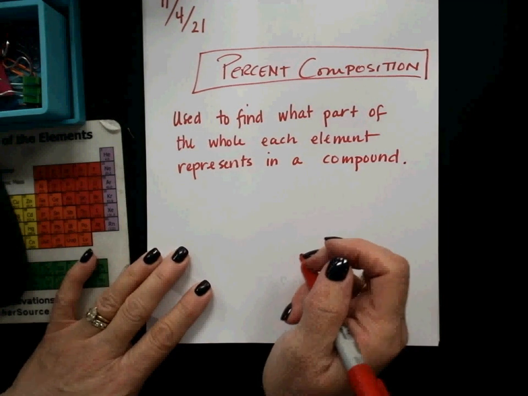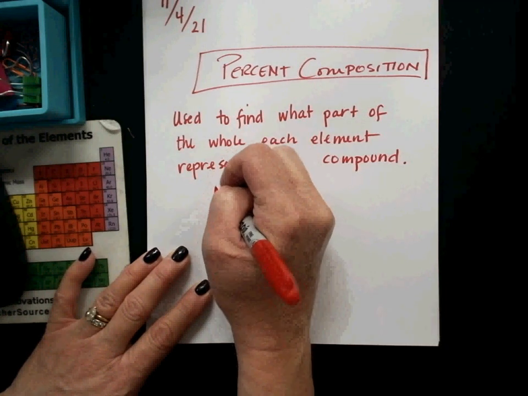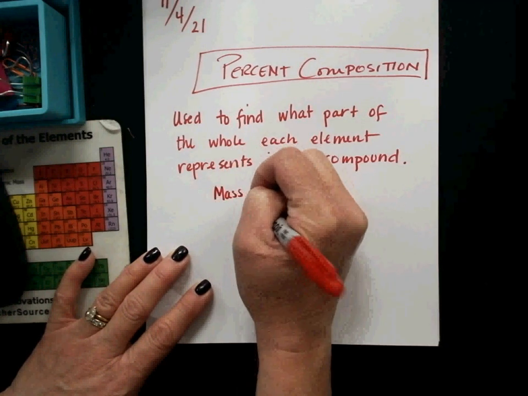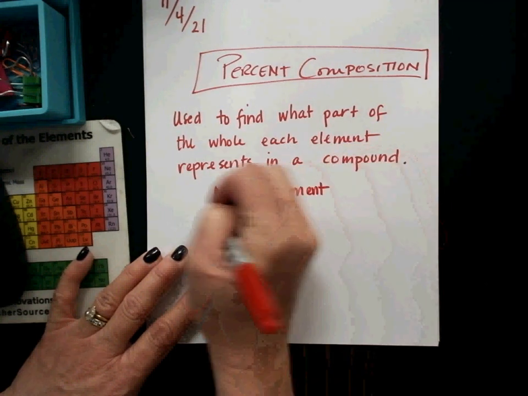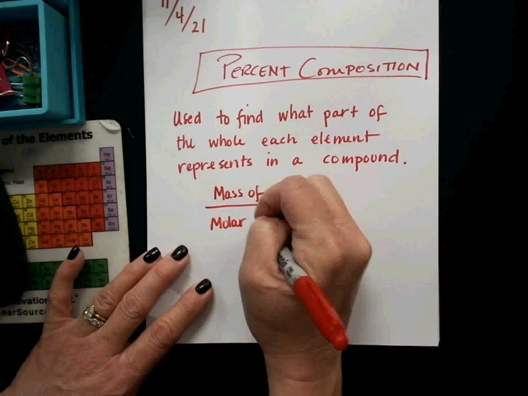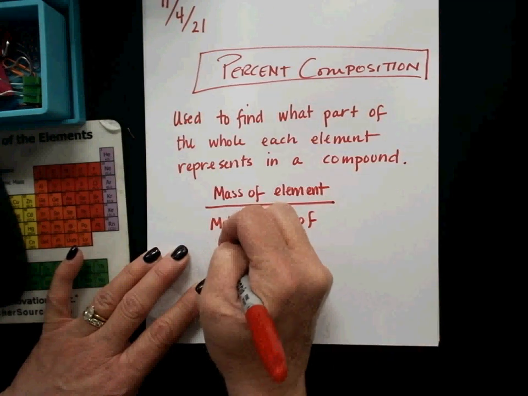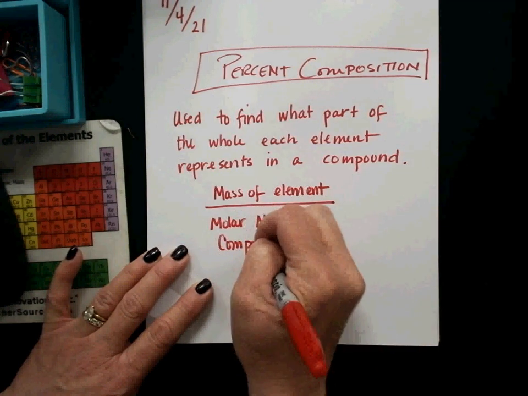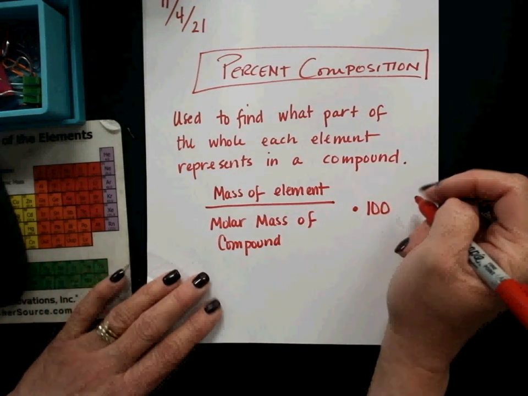So when I do this, it really ends up looking like this. Mass of element divided by molar mass of the compound times 100.